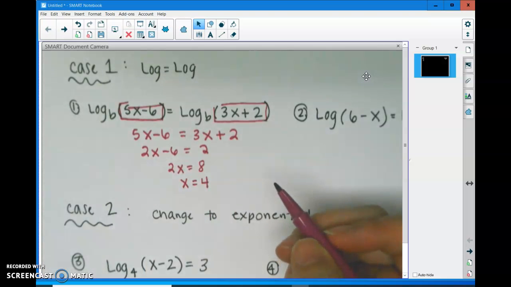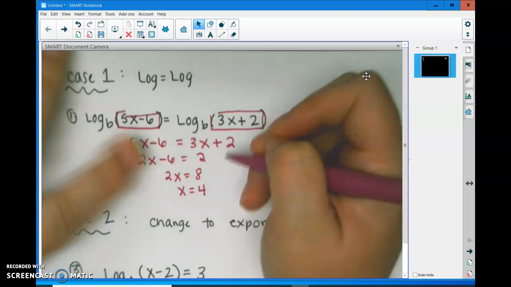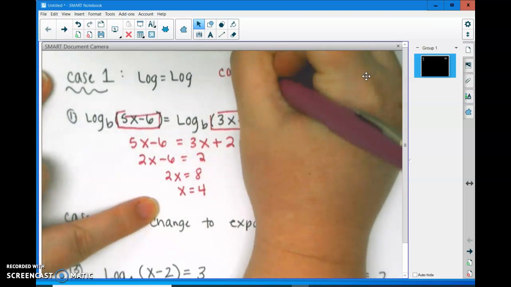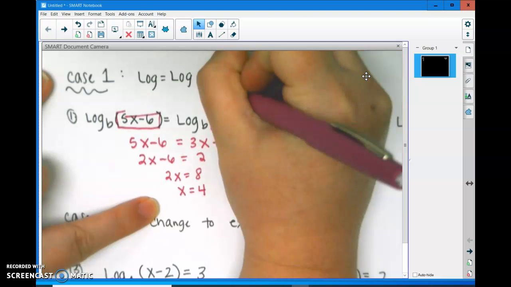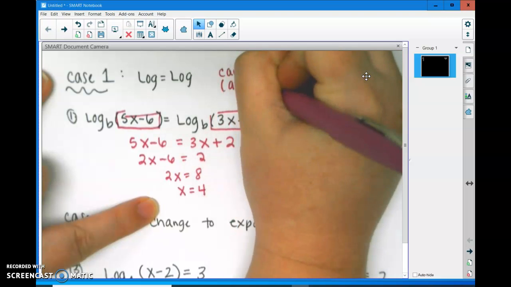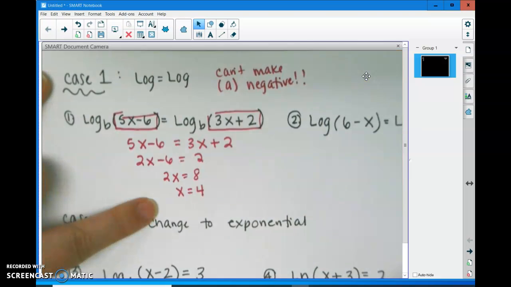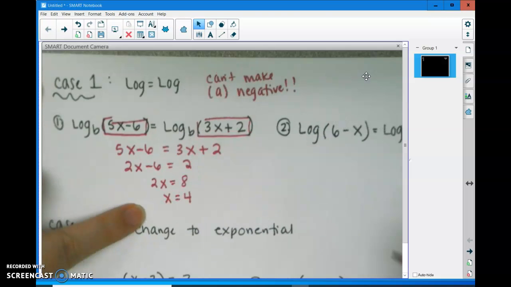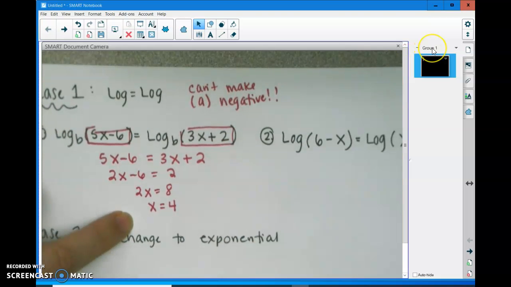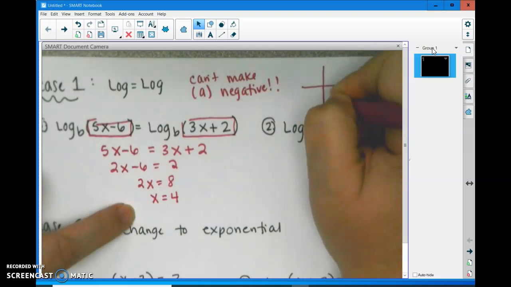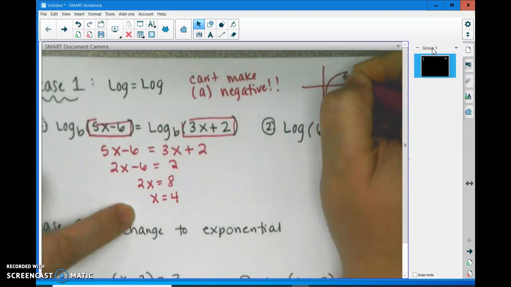Now, with a log equation, your answer can't make the argument negative. Because if you look at the graph of a logarithm, the graph of a log equation, I don't know if you remember or not, but it looks like this.